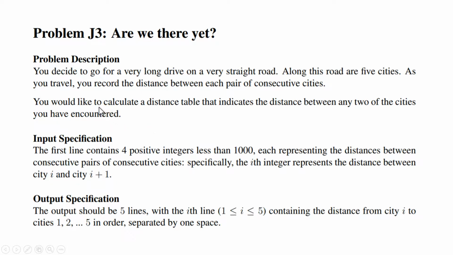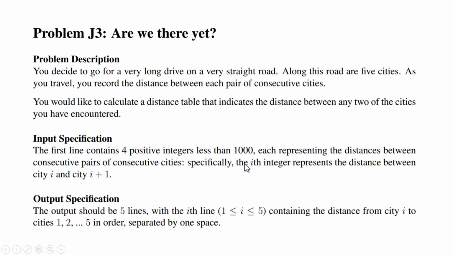So we are basically building a 5 by 5 matrix. The input specification: the first line has 4 positive integers, and that's the distance I recorded between any two cities next to each other.